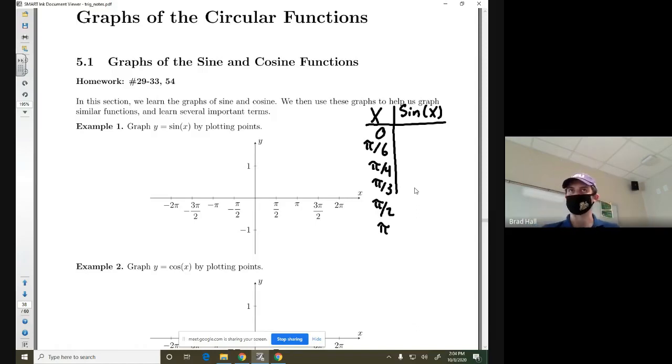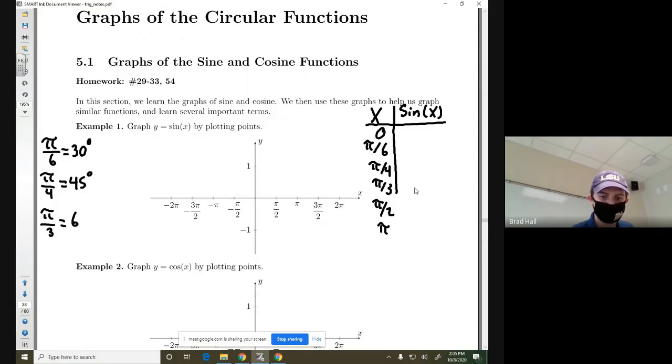And this is when I start focusing on radian measures. So at this point, you need to equate pi over 6 as 30 degrees. Pi over 4 as 45 degrees. Pi over 3 is 60.